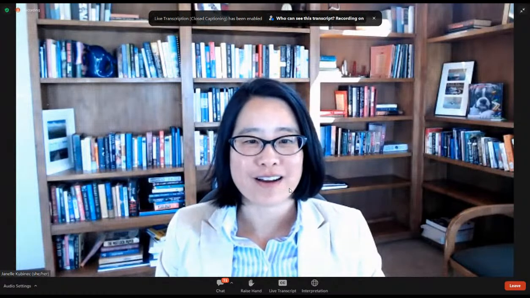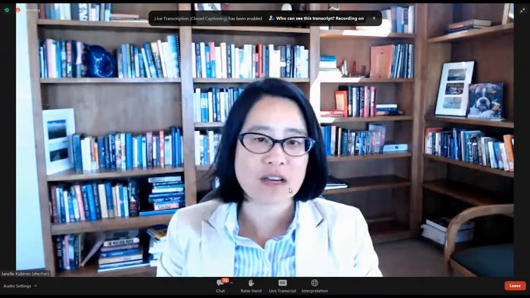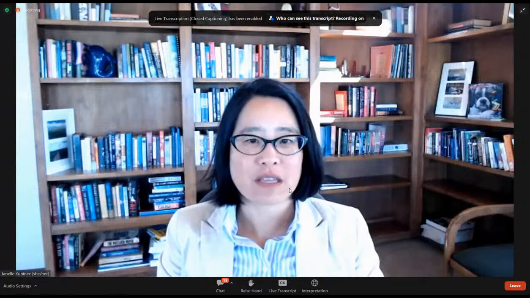So this is not to suggest that it's all about everything being the same. It's actually, to Carlisa's point, in the definition of equity, it's both equity and how we look at the outcomes.